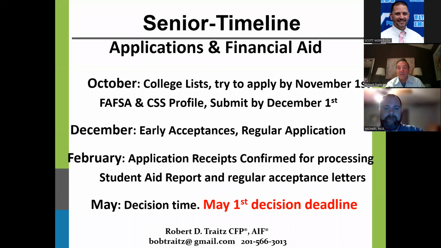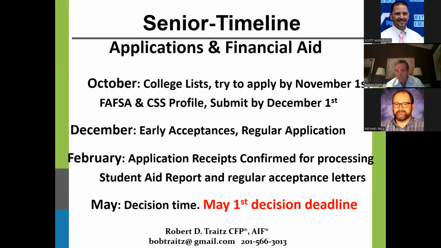Many schools will have what they refer to as a priority filing deadline. You have to become familiar and make yourself aware of those deadline dates, vitally important. Some of the schools will have November 15th as a priority filing deadline. In that case, you need to get the form completed and submitted before that date. They will automatically receive the student aid report as long as they're named on the FAFSA.